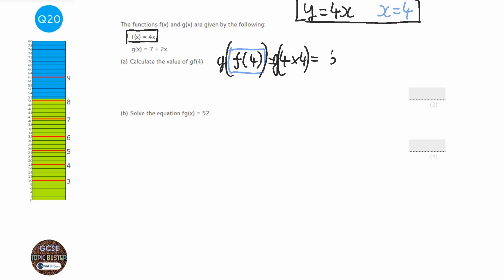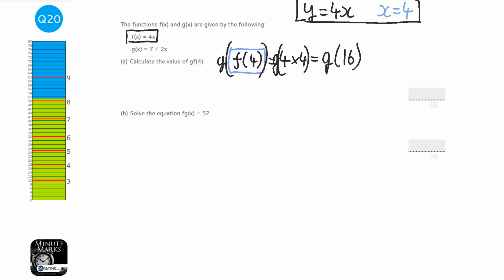And so I still need to apply the g to the 16. So we've done the f, and the f we did first because it's closest to the brackets. So whichever one's close to the brackets you do first.